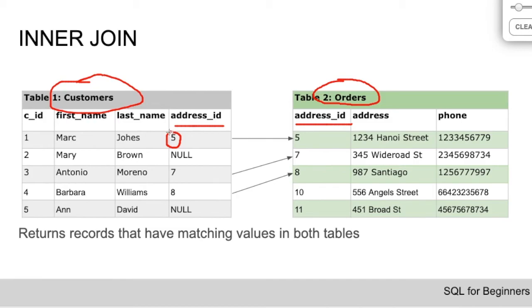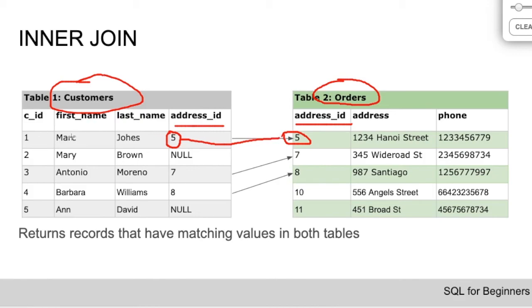When I'm using inner join, it's going to look for the matching values in both tables. So I'm going to look for the number 5 in the address ID column in the second table, which is right here. So in my result query set, I'm going to see this row together.